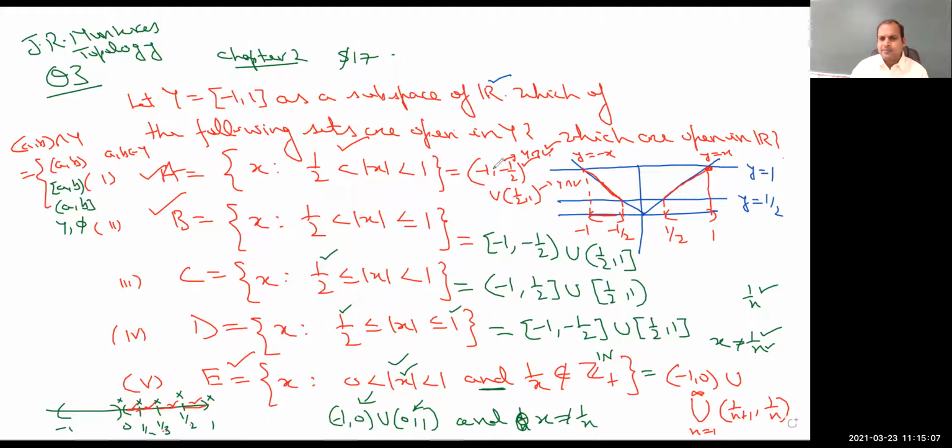You can see here that the endpoints are of this type. So these types of sets are also basis members for the subspace topology on Y. Since this one is of this type, you can also claim that this is going to be open in Y. Okay. So there are several ways.